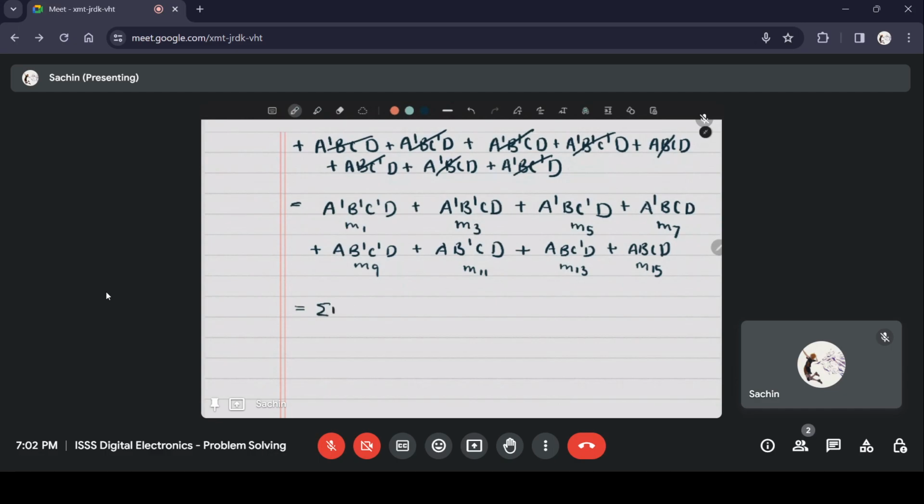You can write it as summation of the minterms 1, 3, 5, 7, 9, 11, 13, 15.